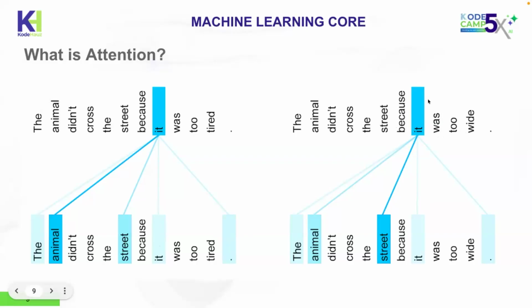You can now see that in this case, it is street that carries a greater weight in terms of how it affects this, simply because we changed this word to wide. So that's basically a graphical way of viewing attention. Let's delve into it a bit more.